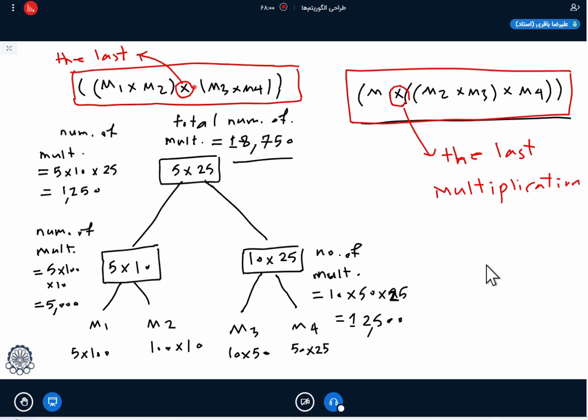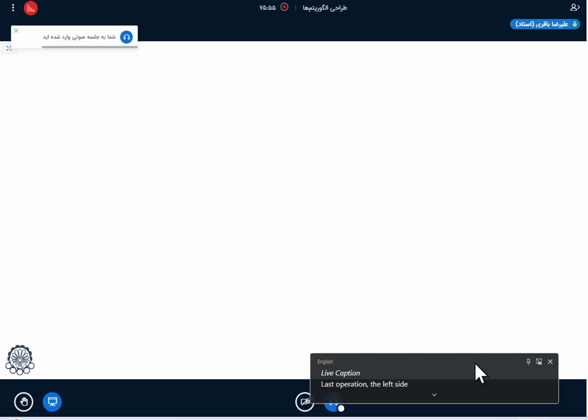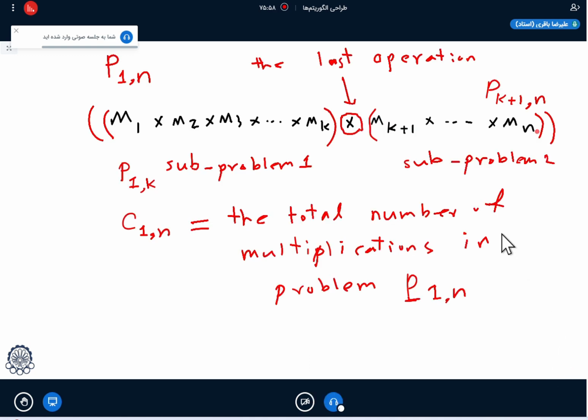The second one is this one. The result of the left side is multiplied by the result of the right side during the last operation.